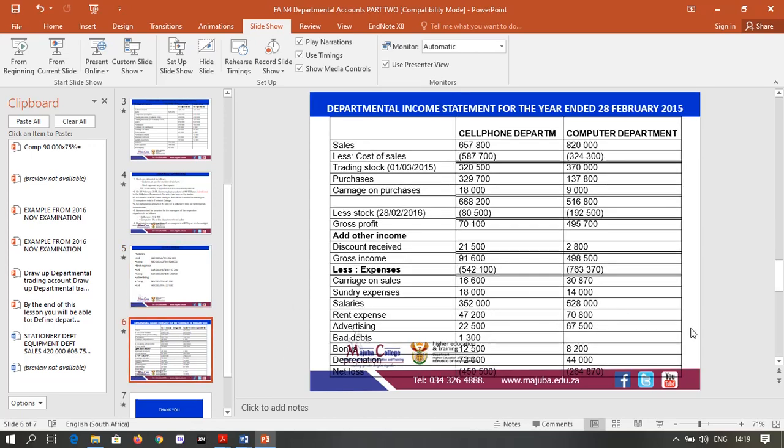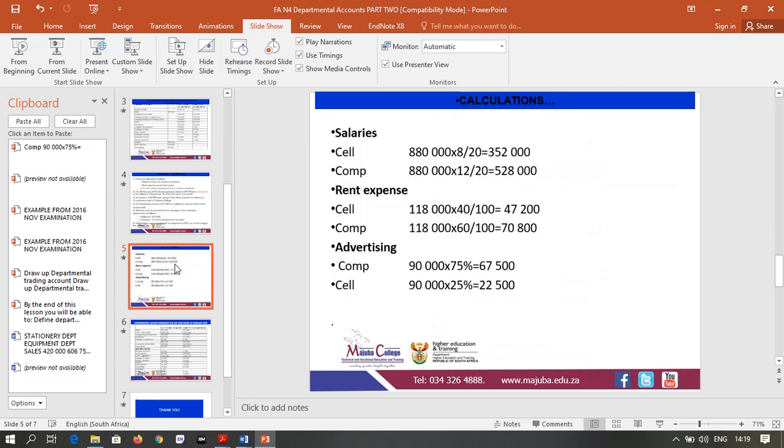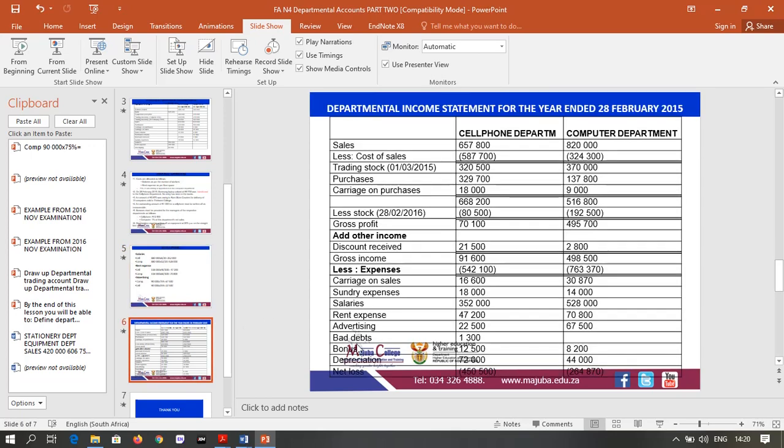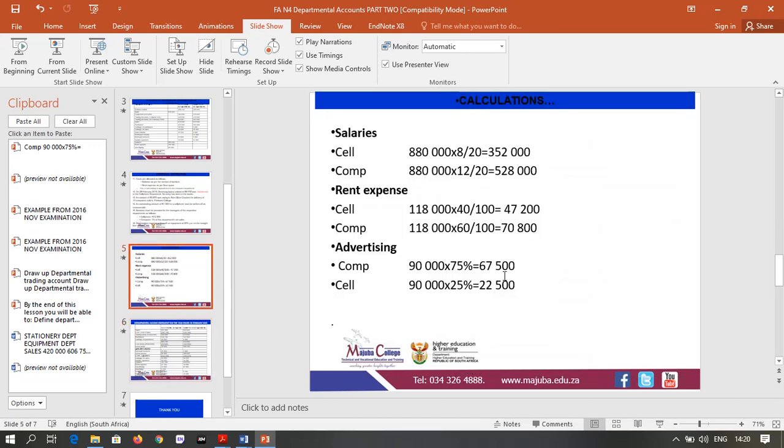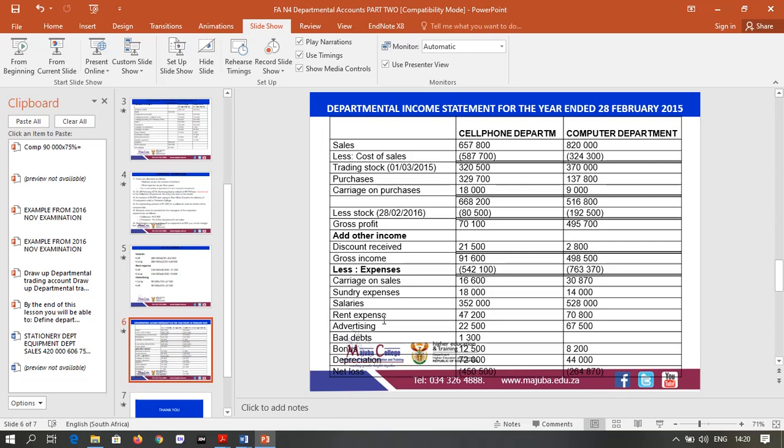Your rent expense for cell phone is 47,200 and computer is 70,800. For advertising, you know 75% was for computer, 67,500, and 22,000 was for cell phone. Again, you put them as is, because we are done here.